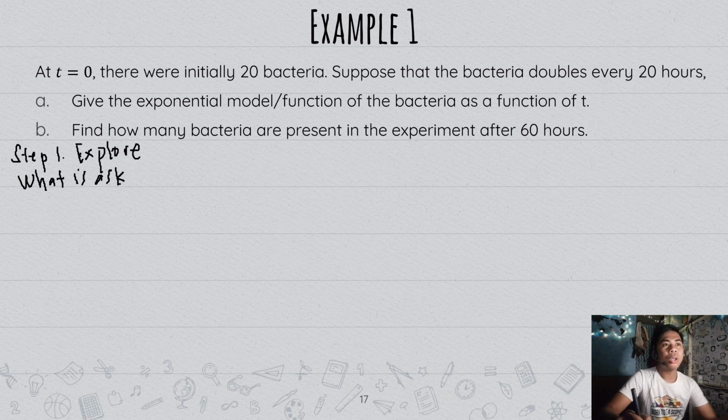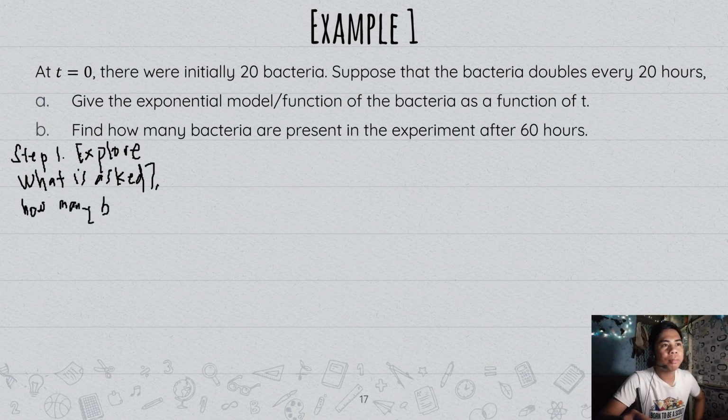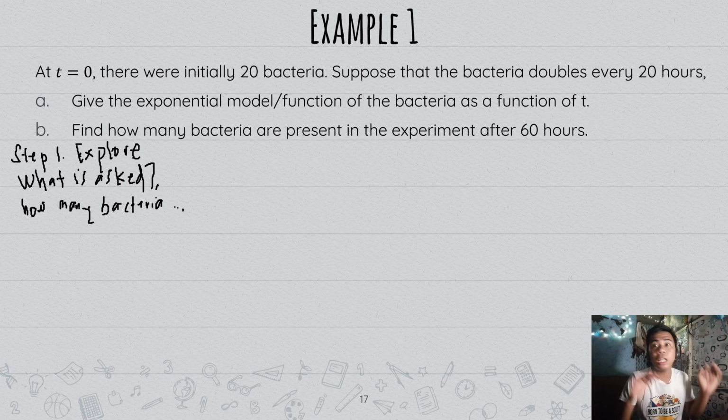So, we have 2. Number 1, we need to have the exponential model. And number 2, how many bacteria are present? So, we have B. You need to copy here: how many bacteria are present, and so on. Class, all you need to do is copy the question there.